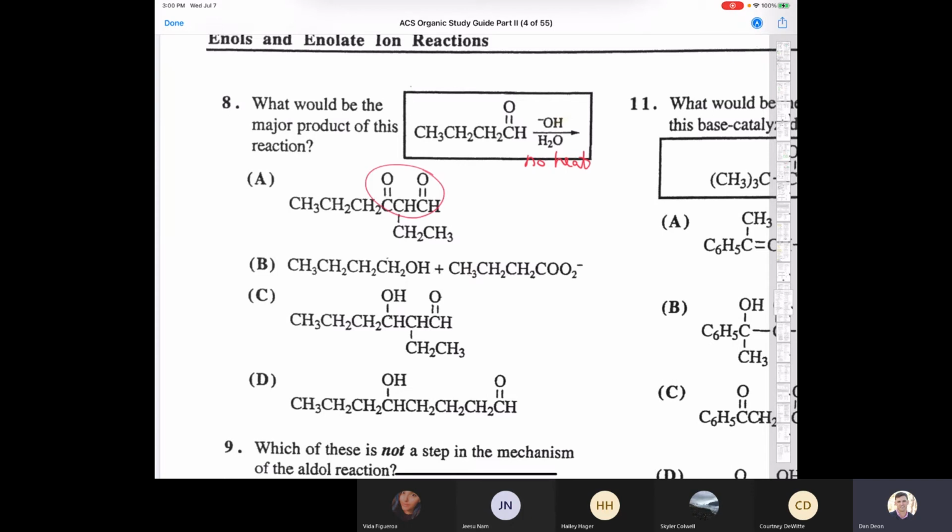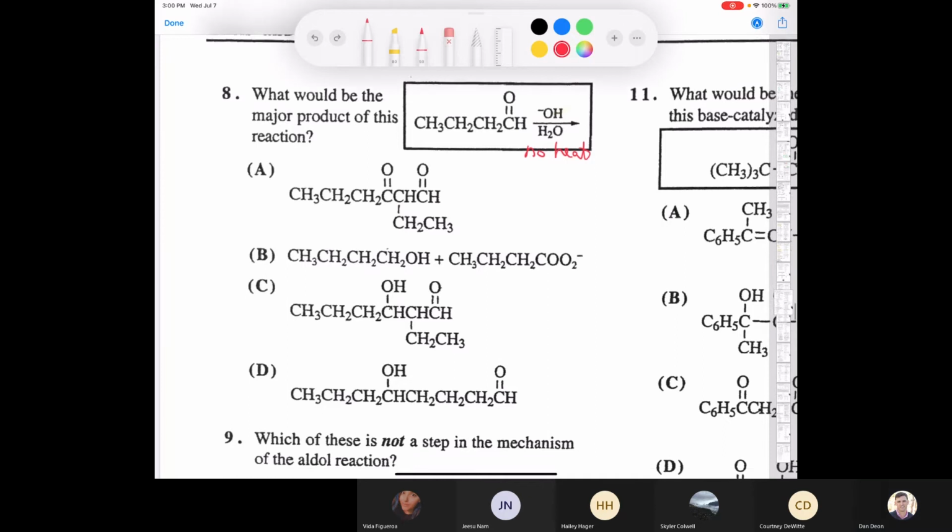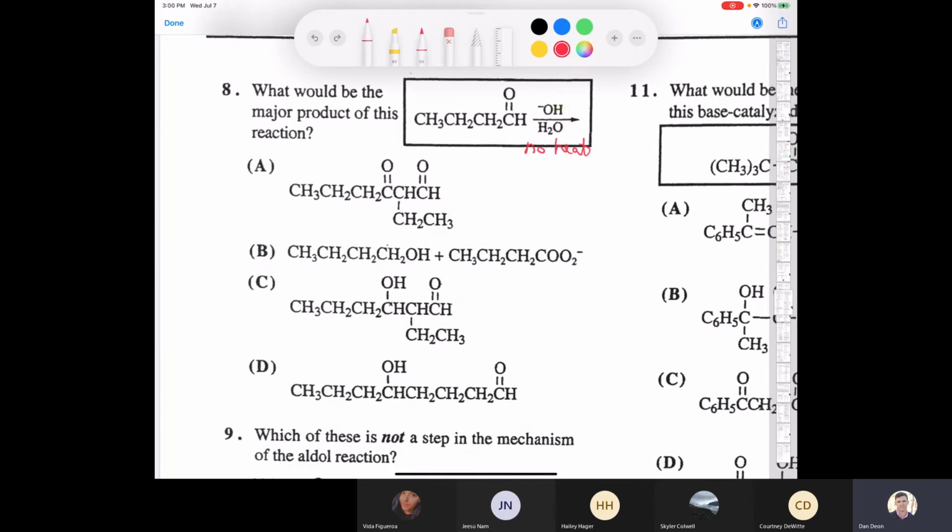Remember, in an aldol addition, we end up with an aldehyde and an alcohol, right? So it's definitely not going to be A. It's definitely not going to be B because that's not the product of an addition. But in C, it looks reasonable, doesn't it?